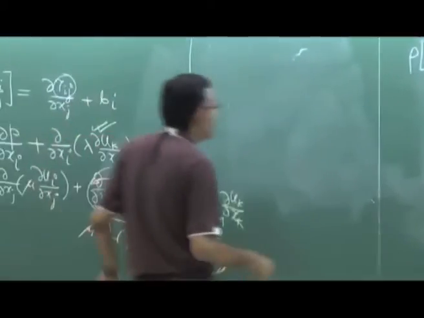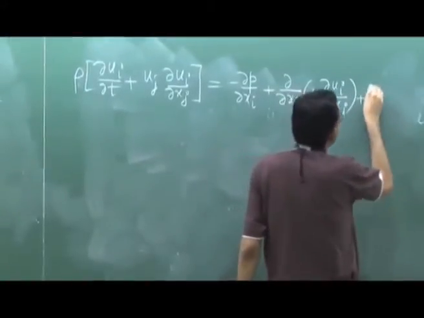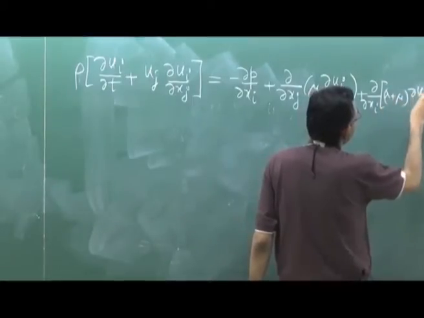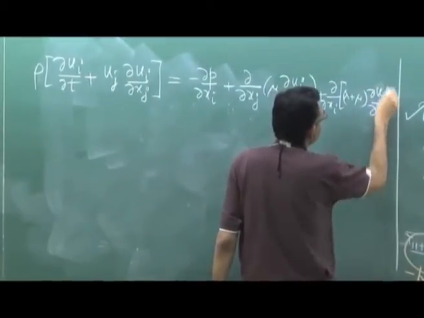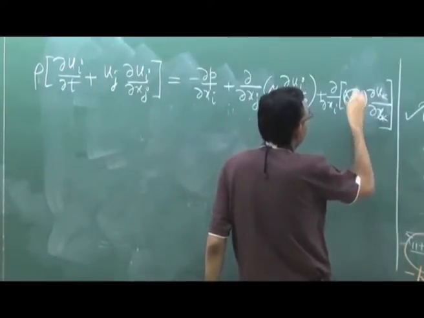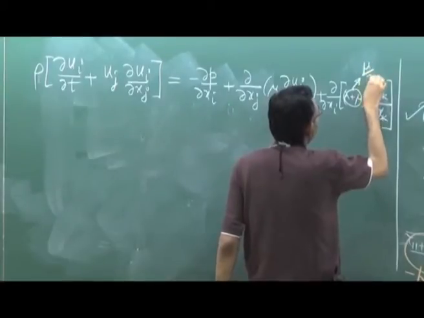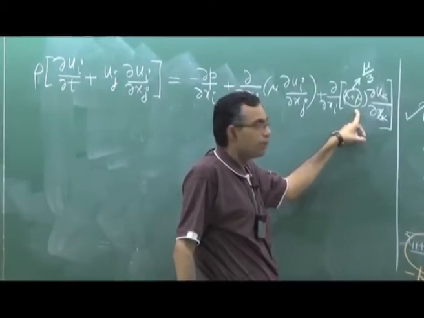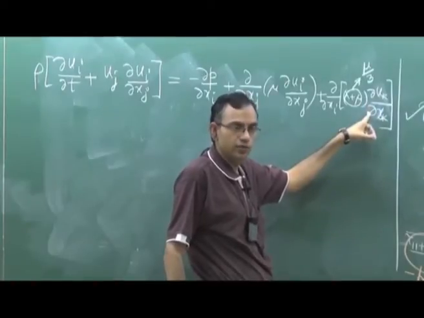So if we now club up these two terms together, it will be lambda plus mu, lambda is equal to minus 2/3 mu, so this will become mu by 3. Clearly the last term is important only for compressible flow, because for incompressible flow this will be 0.